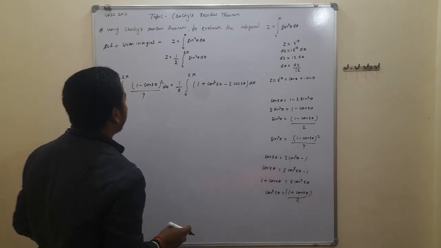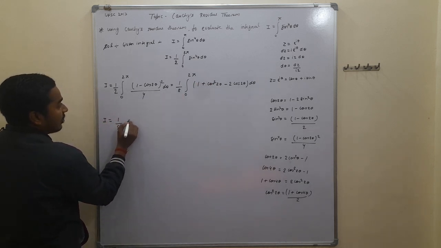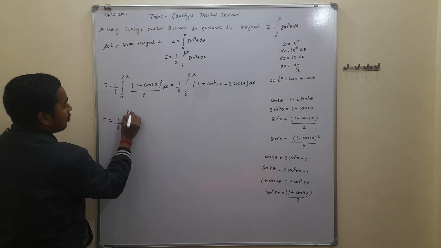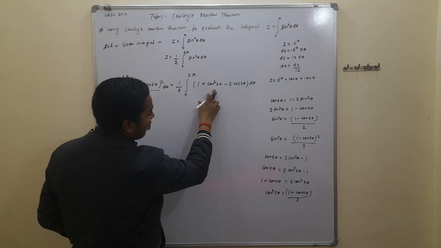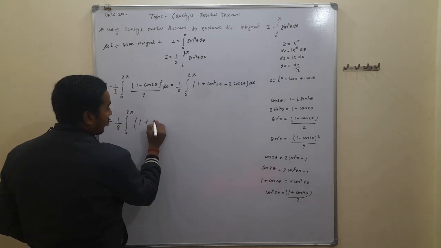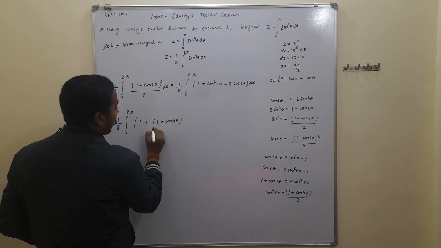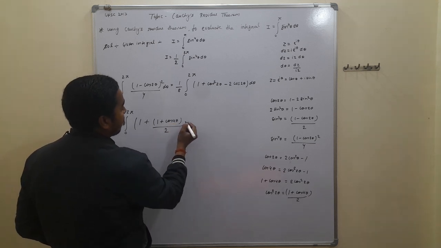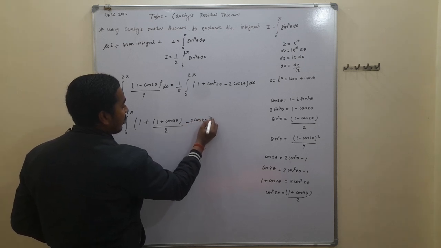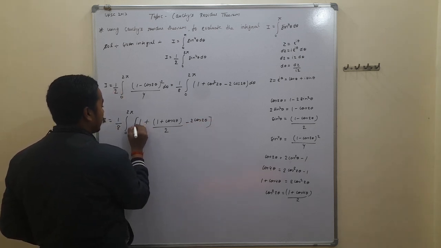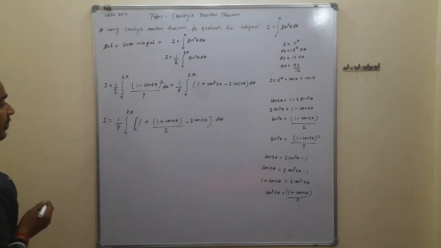And we have to put here, this gives integral I is equal to 1 upon 8, integral limit 0 to 2 pi, of 1 plus, in place of cos square 2 theta, (1 plus cos 4 theta) upon 2, minus 2 cos 2 theta, d theta. Further we have to take the LCM.